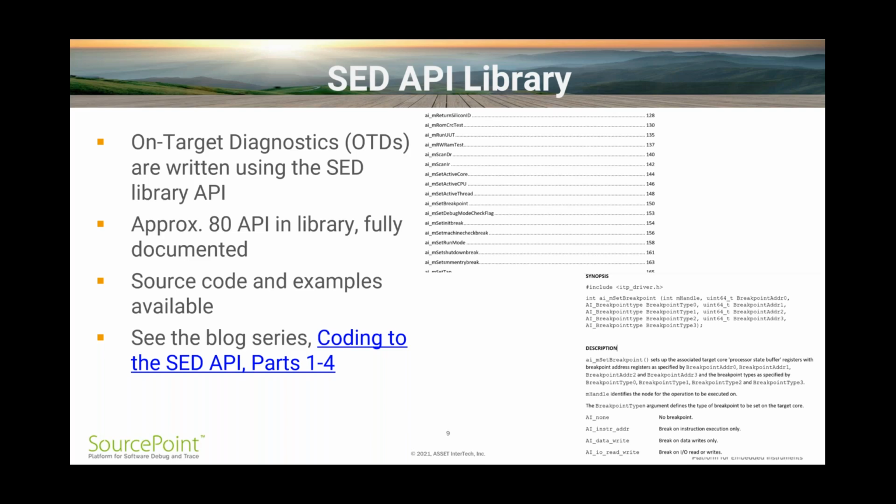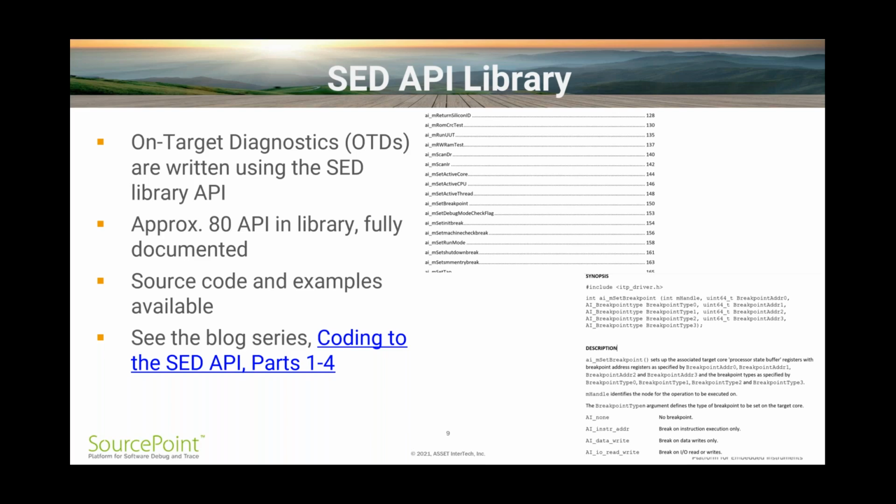There are low-level functions like scan DR and scan IR, scanning the data register and instruction registers, and higher-level functions such as setting the active CPU core thread, setting breakpoints, machine check breakpoints, SMM entry breakpoints, and so on. All of the things you're familiar with from a run control perspective are provided by the SED API.